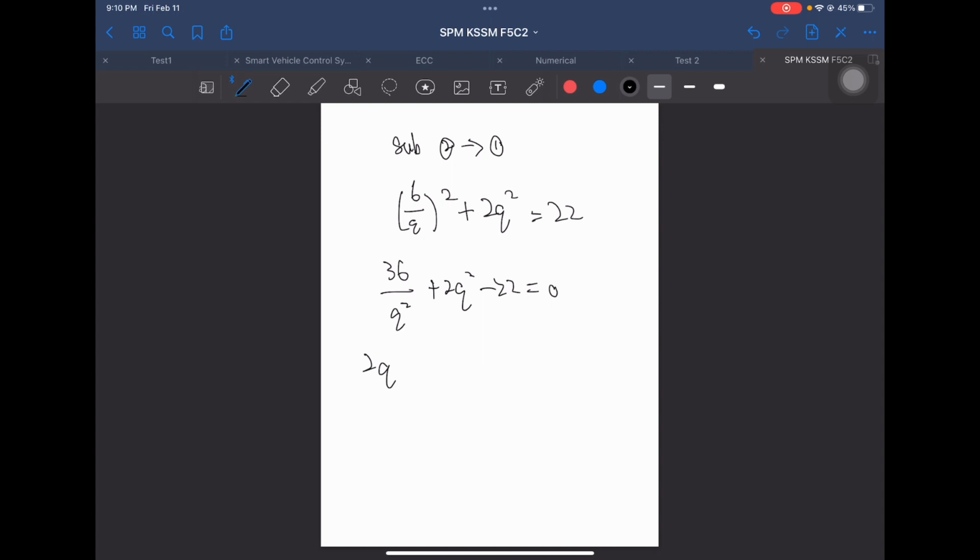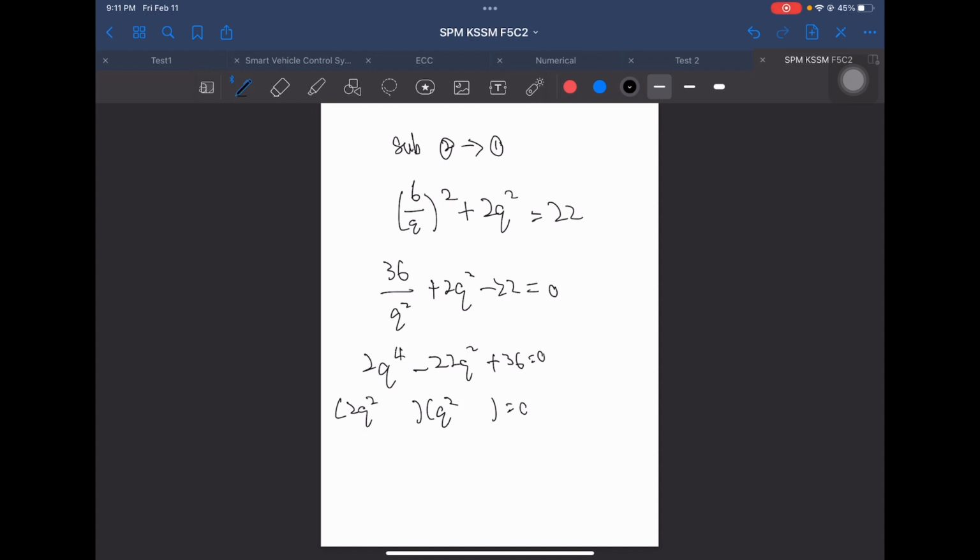And now you need to multiply by q squared to eliminate this denominator. So you get this, and then do factorization.